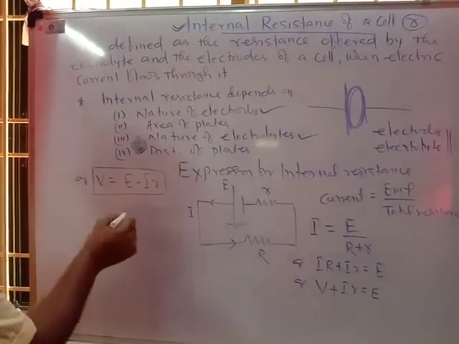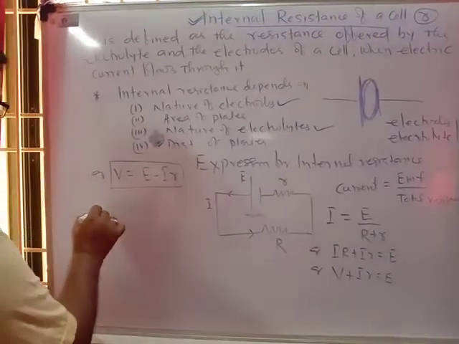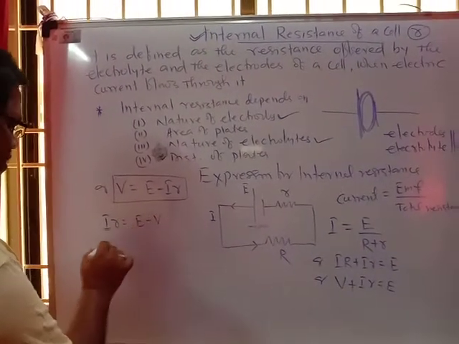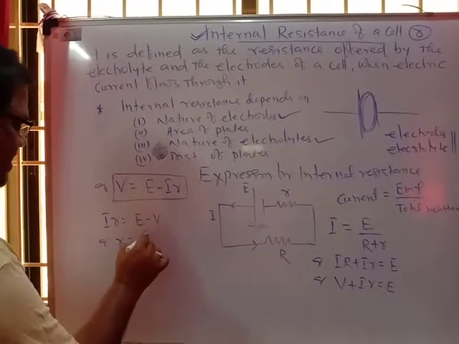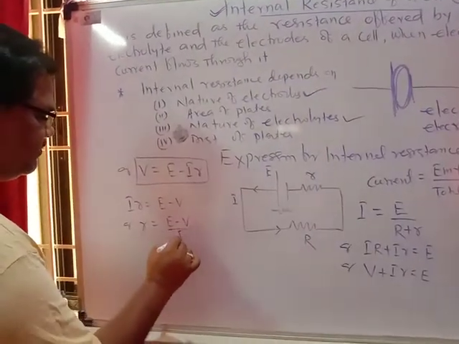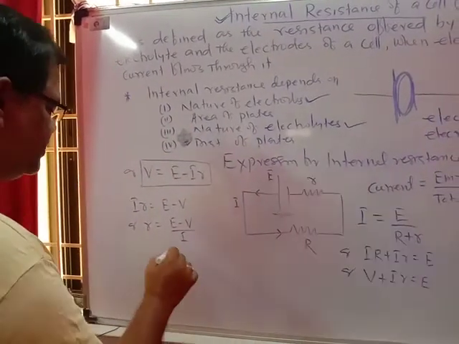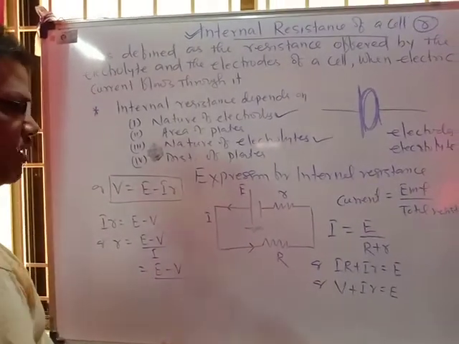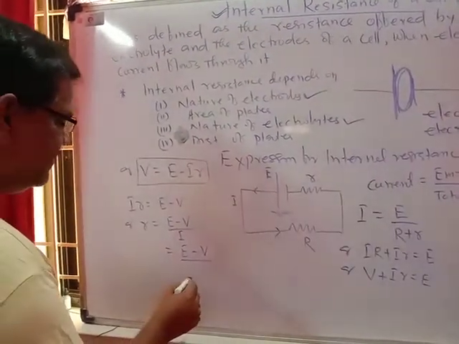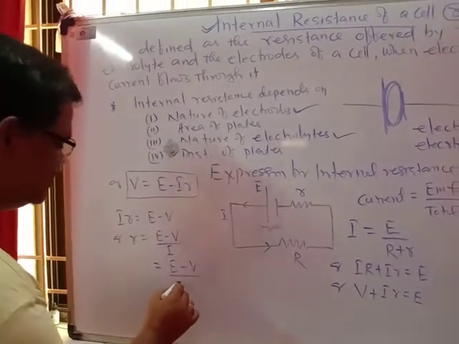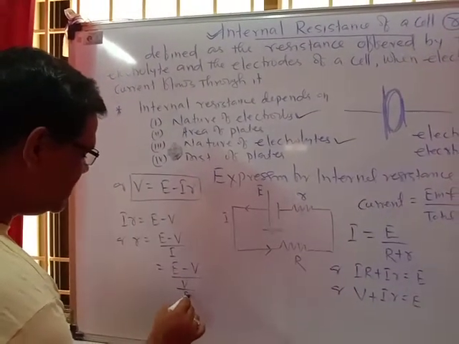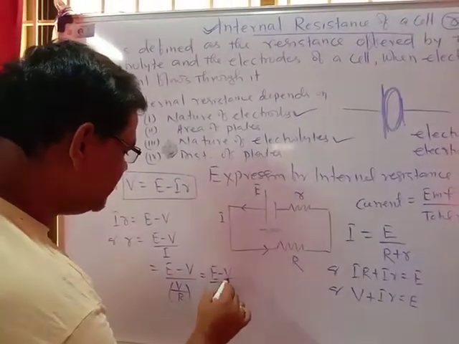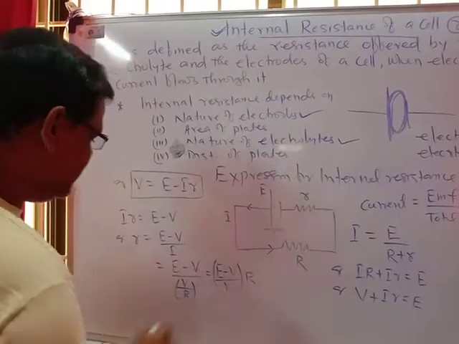And another way, if you want r, Ir equals E minus V, or r equals E minus V upon I. Because V equals IR, I equals V by R. So r equals E minus V upon V by R, which is E minus V by V into capital R. This is the expression for the internal resistance of the cell.